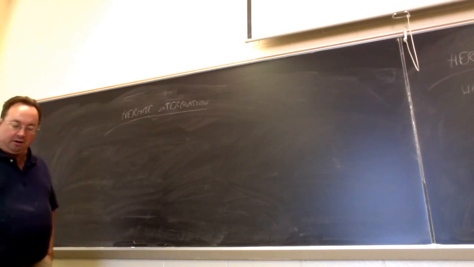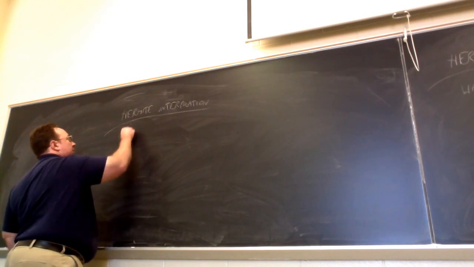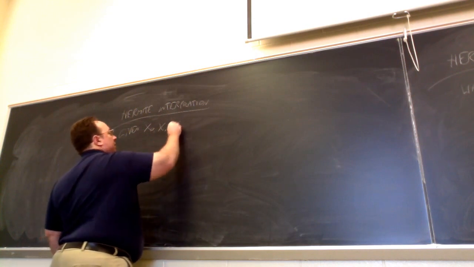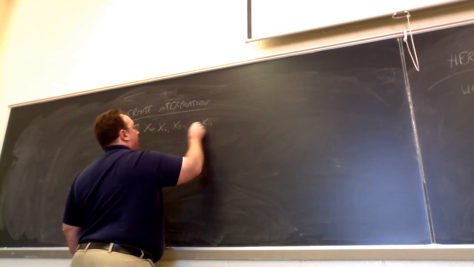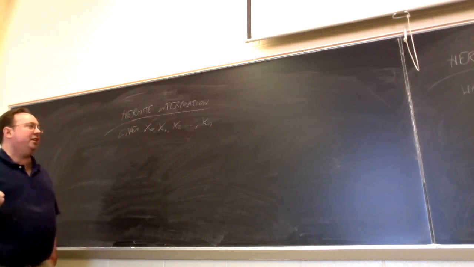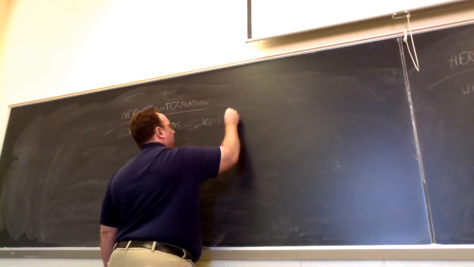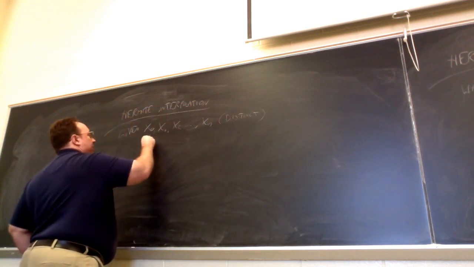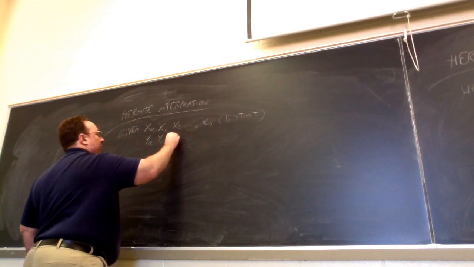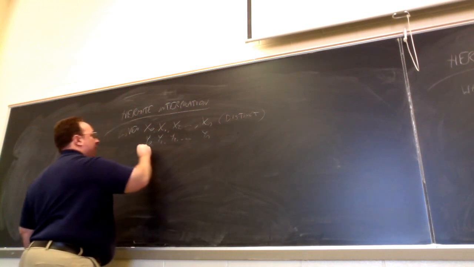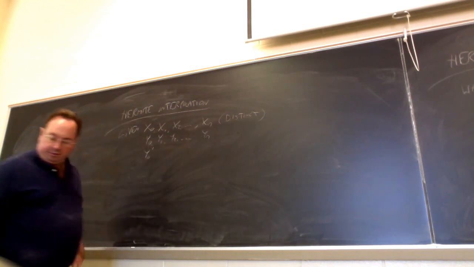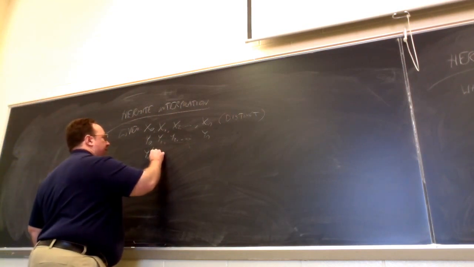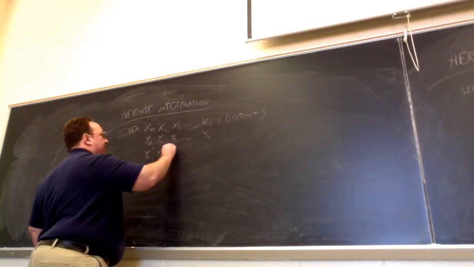So Hermite interpolation is: you're given n plus 1 distinct x values once again, but you're also given corresponding y values like before, and I'll check my notation here. All right. Well, y prime values.